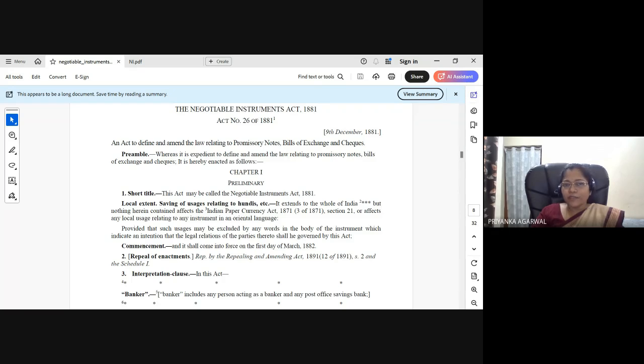Whenever we are going to study any act, we should question ourselves why we are studying it, and understand what the heading of that act exactly means, its literal meaning, or why we are studying that act itself. So why do you think we need a negotiable instrument?